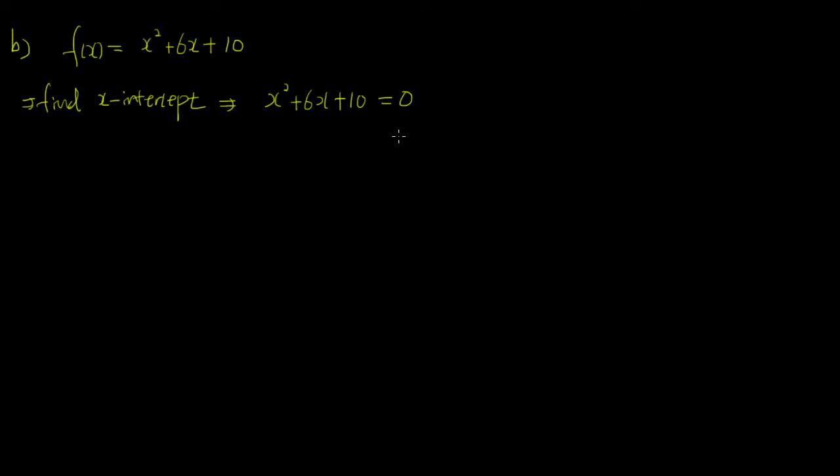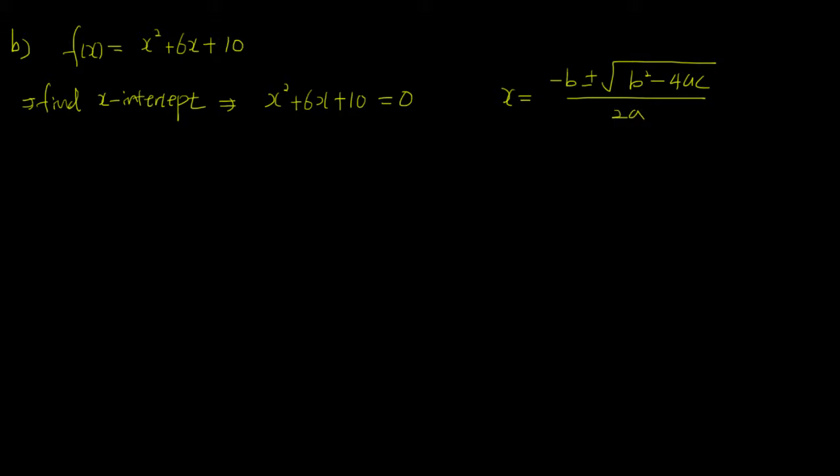Well, if this is factorable, we'll try to factor it first. If it's not factorable, then we have several other options. One possible option is using the formula negative b plus or minus the square root of b squared minus 4ac, over 2a.